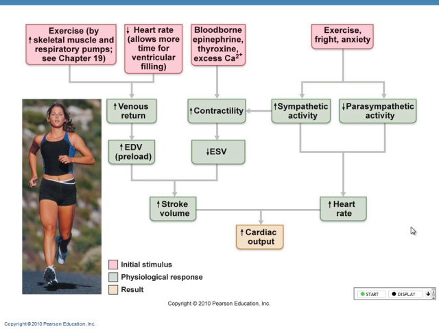So who regulates heart rate? The central nervous system, the autonomic nervous system, and also who else? Sinoatrial node, atrioventricular node. The autorhythmic cells, right? All those guys are going to work together to help regulate heart rate.